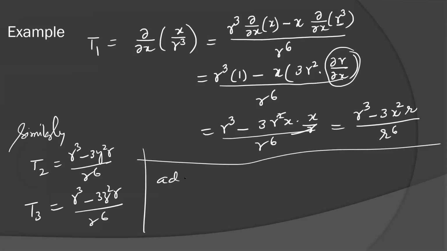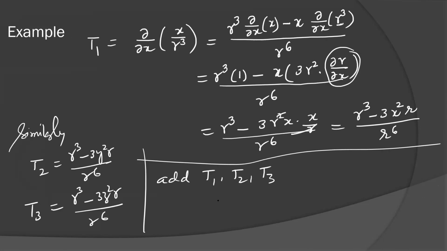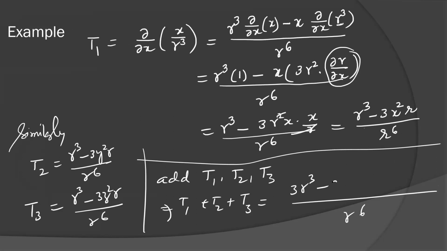Now you want addition of term T1, T2, T3. So it will be T1 plus T2 plus T3. Denominator is same. R cube plus R cube plus R cube, 3R cube minus 3R, we can take outside, x square plus y square plus z square.